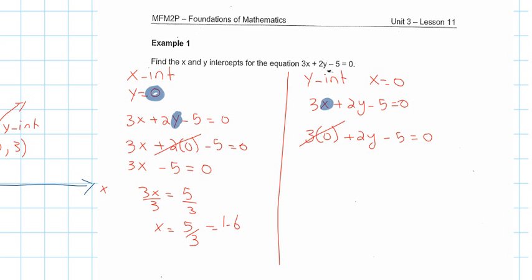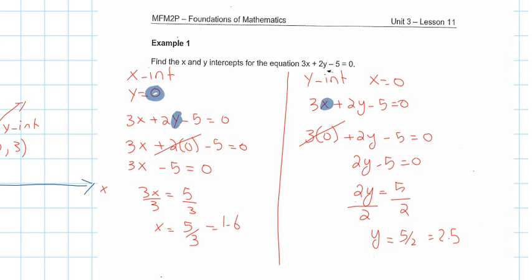And I have 2y minus 5 equals 0. Again, in this case, I'm solving for y. To solve for y, I bring the negative 5 over, and that becomes 5. And then divide by 2, which is 5 over 2, which is 2.5.